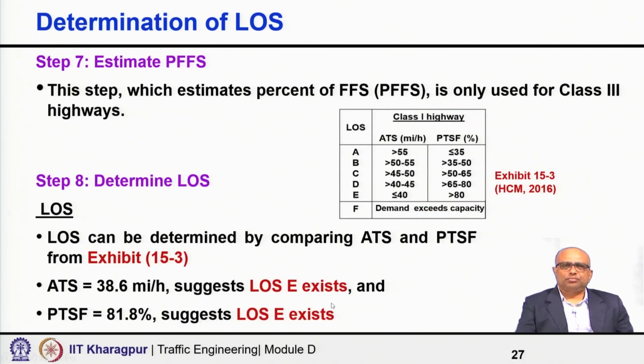So in both cases it is saying level of service E. So, the overall LOS is E.